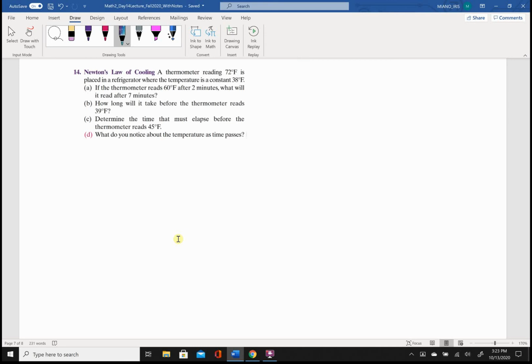Well, we need to take the right formula, which is Newton's law of cooling, and here it is: U of t. We have lowercase t's and uppercase T's, so careful, because case matters for formulas.